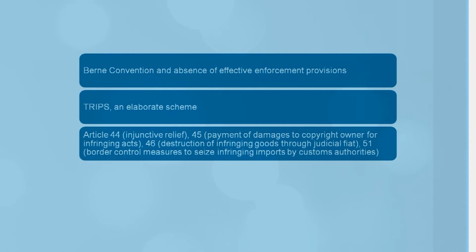Article 46 is an important provision because it authorizes member states to allow judicial authorities to order the destruction of infringing goods as well as materials and implements used to create them without payment of any compensation.